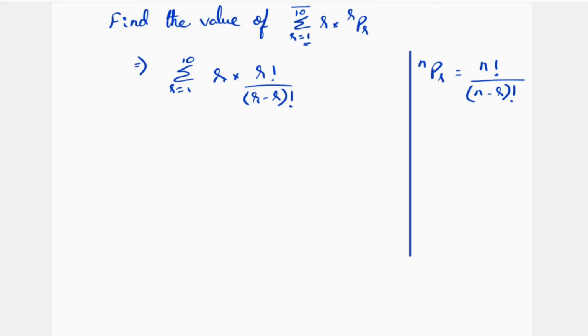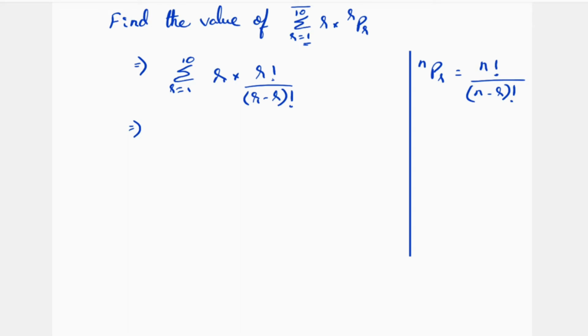Now substituting r in the place of n, because in the question we have been given rPr, the number of permutations of taking r things r at a time. Not nPr, rPr. So in place of n also I must substitute r. Substituting that, we get r factorial divided by r minus r the whole factorial.